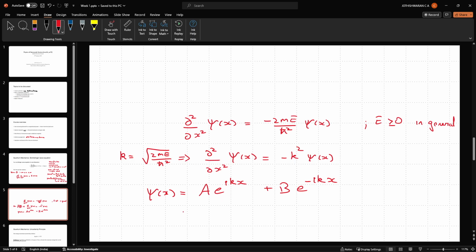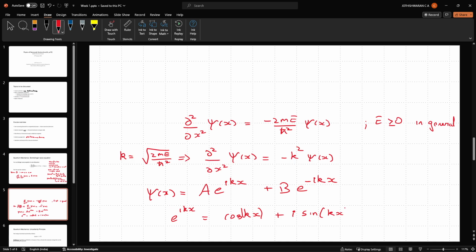Of course, it can be seen from here that e to the power ikx is a complex valued function. So this can be written as cos kx plus i sin kx.